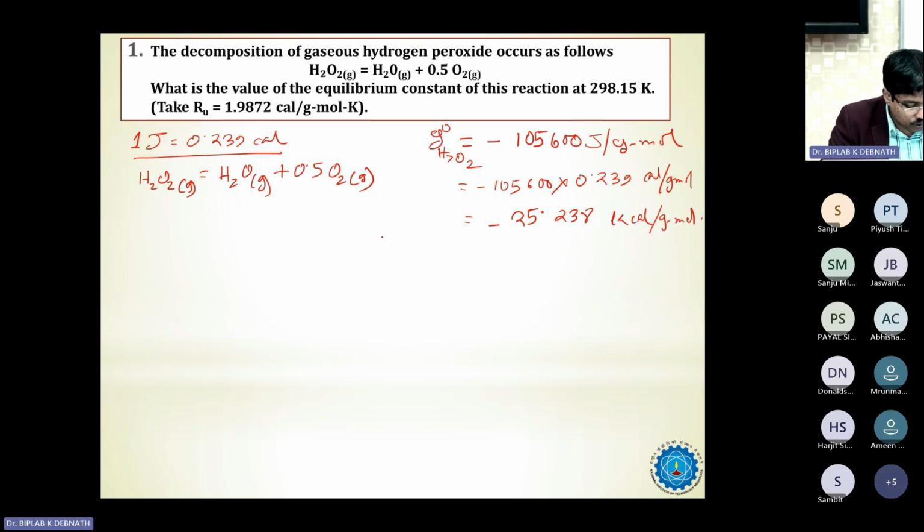Okay, similarly, let us see what is the Gibbs free energy change for H2O. So Gibbs free energy change for H2O gaseous, right?